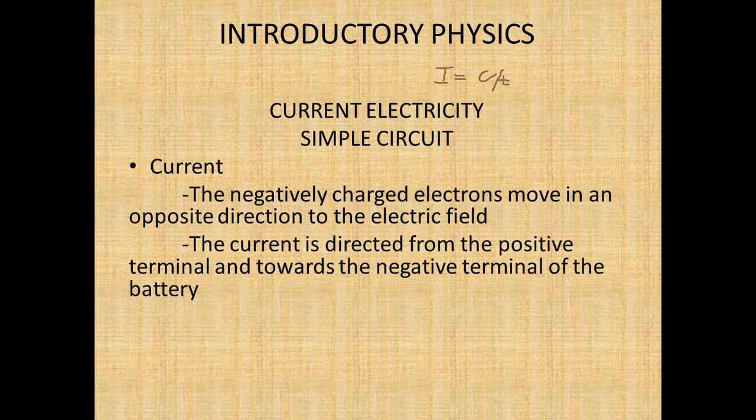We alluded to this before. When you look at a circuit, we talk about convention. So by convention, when we talk about current flowing in a circuit, it is the positive charge which is moving from the high potential terminal to the low potential terminal. That is what the current is. However, the electrons actually move in the opposite direction. The electrons are going to move from the negative terminal to the positive terminal.